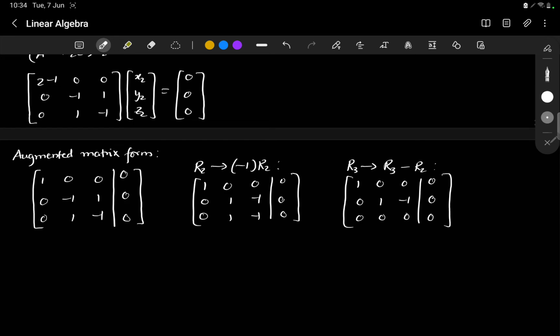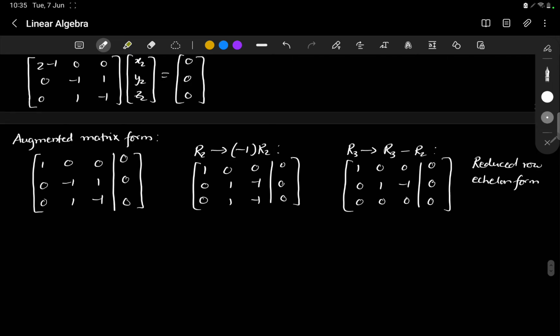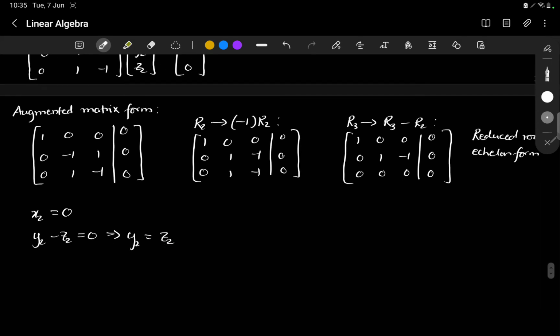So this is our reduced row echelon form. And the solution to this would be as follows. We have the first equation giving us x2 equal to 0, and then we have y2 minus z2 equal to 0, and we can choose any value for y2 and z2.